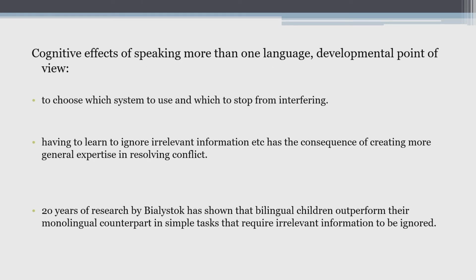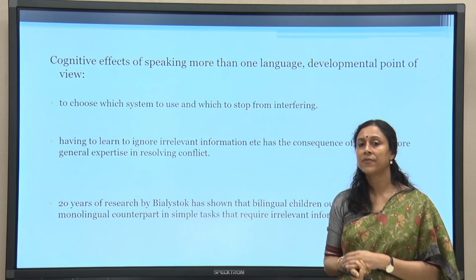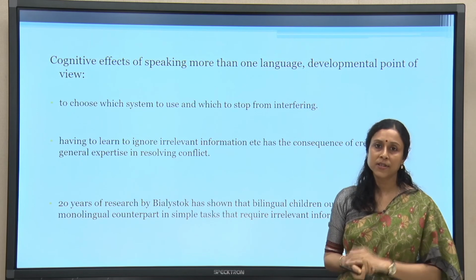Now, let us start with the developmental point of view. A lot of research has focused on how being a bilingual makes people smarter, or whether it makes people smarter. A large chunk of research actually focused on children: bilingual children versus monolingual children and how they function in various kinds of tasks that require response inhibition.